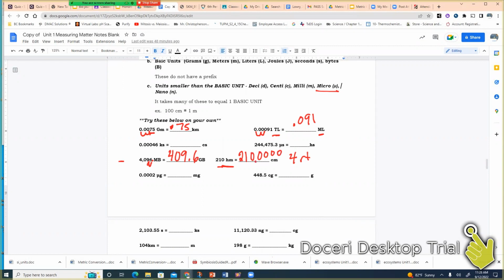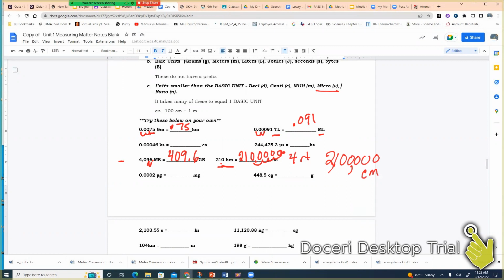So I was originally here, that's where my decimal was, and I moved it 1, 2, 3, 4. So that ends up being one more. And my unit would be, change that to centimeters, thank you.